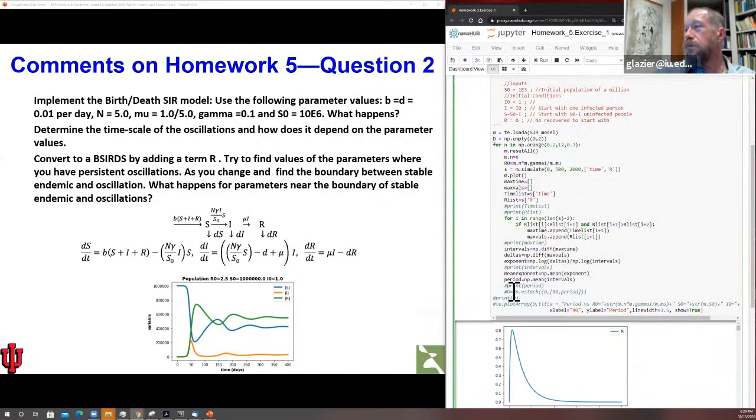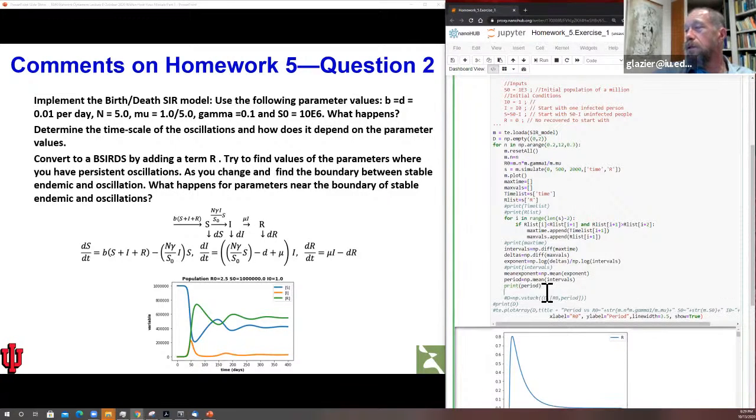And let's print period, and let's print mean exponent. No guarantees that this is going to work. This is going to be more of a better homework problem.